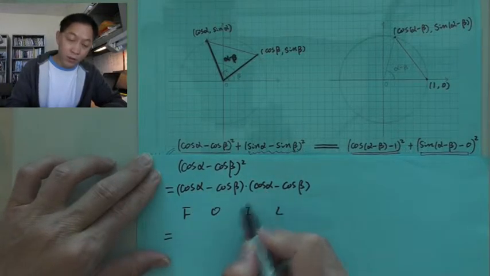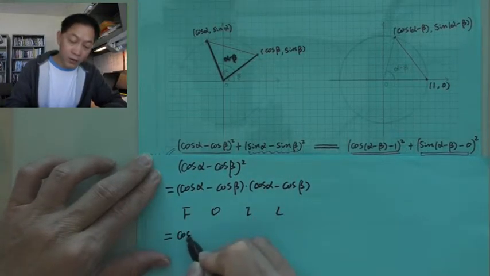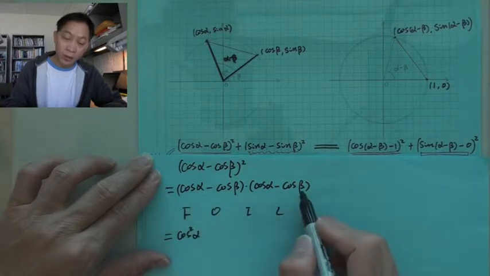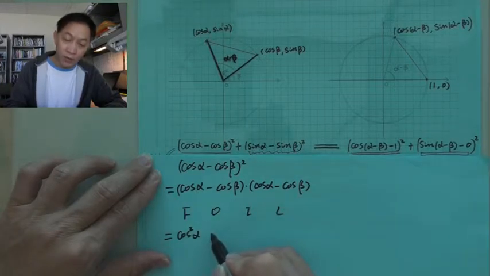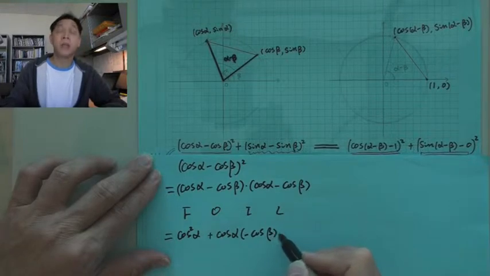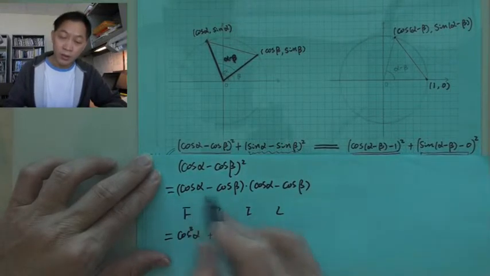So first product, cosine alpha times cosine alpha is cosine alpha squared. Cosine alpha times negative cosine beta, that's the outer product.